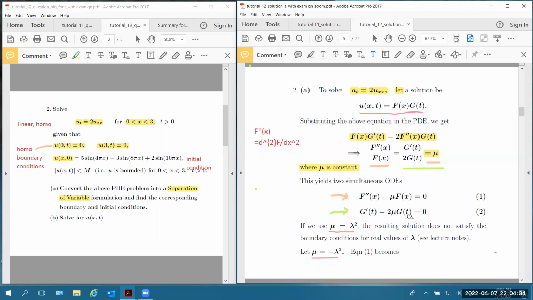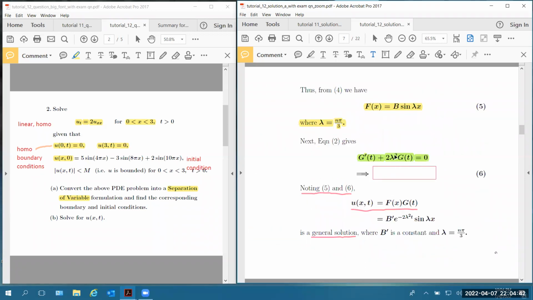Equation 2, you substitute your mu to be minus lambda squared, so that will give me this equation. And of course here, the lambda is no longer unknown. The lambda here is now n pi over 3. Still a constant, but we know what the constant is. Go and solve this. It's a first order ODE, from your Maths A last semester.